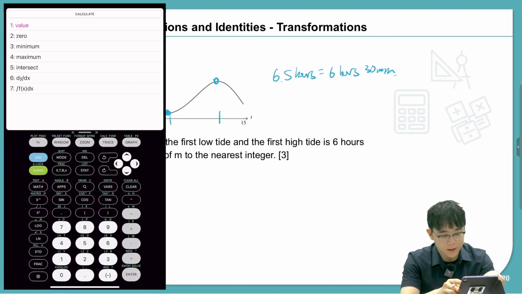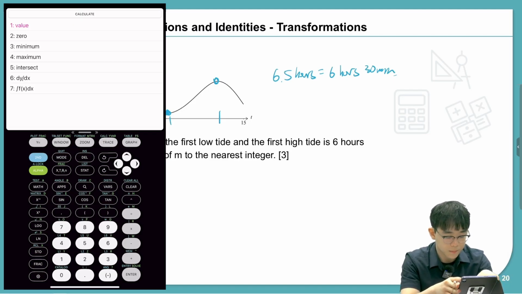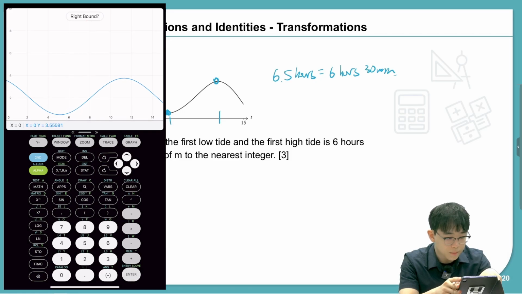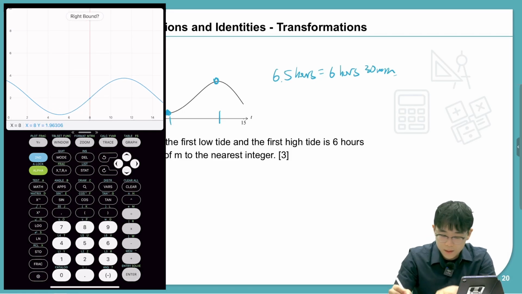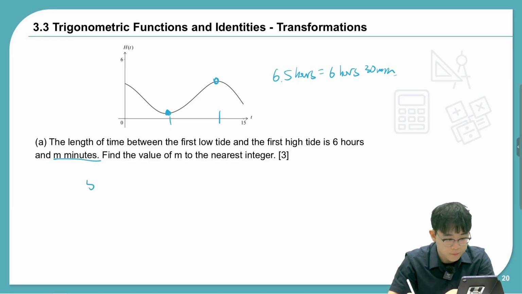So let's go to our calculator and do minimum. Okay, so let's find our minimum point. Right bound is 8. So if we do that, our minimum is going to be at 5.138 hours, and we get 0.5 meters.